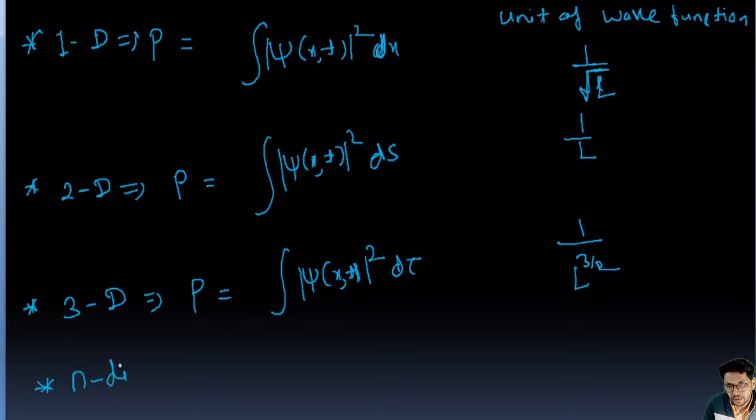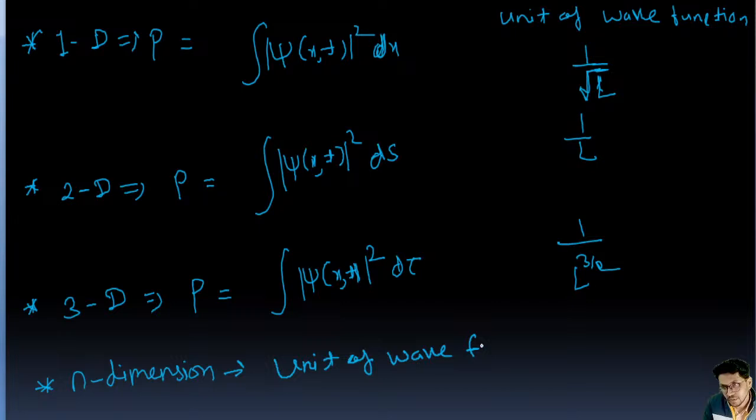In n dimension, the unit of the wave function is going to be 1 upon L to the power n by 2.